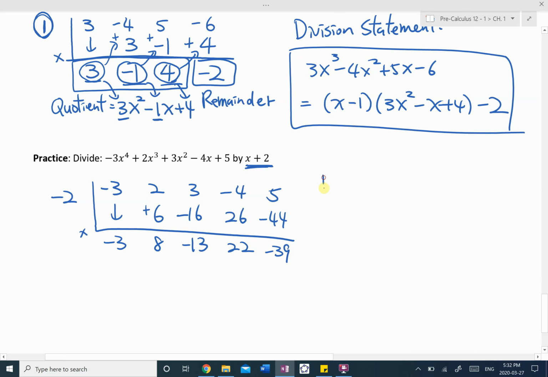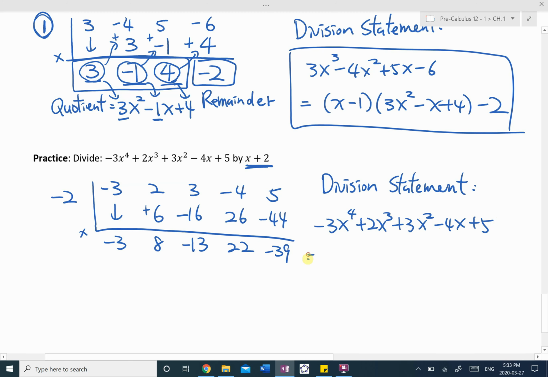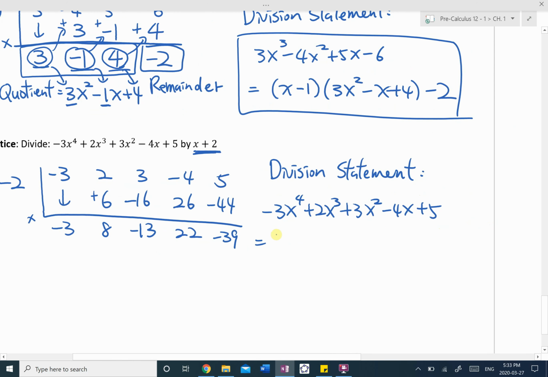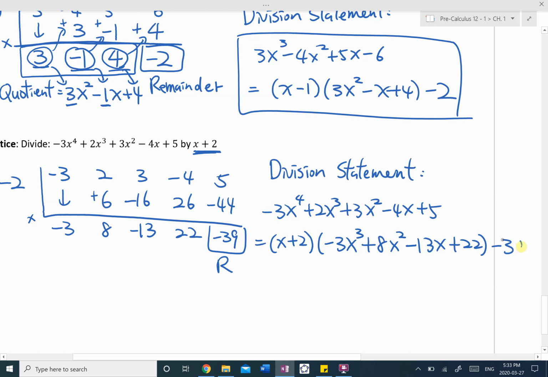So your division statement would be, oh man, it's a long one: negative 3x to the 4 plus 2x cubed plus 3x squared minus 4x plus 5 is equal to x plus 2 times negative 3x cubed plus 8x squared minus 13x plus 22, and the remainder is minus 39.